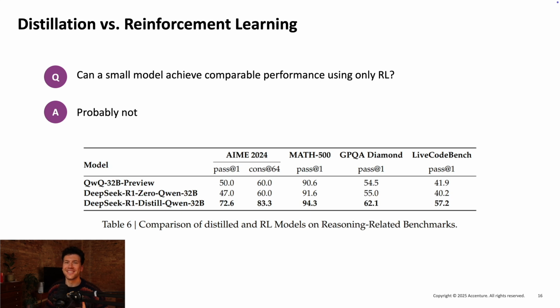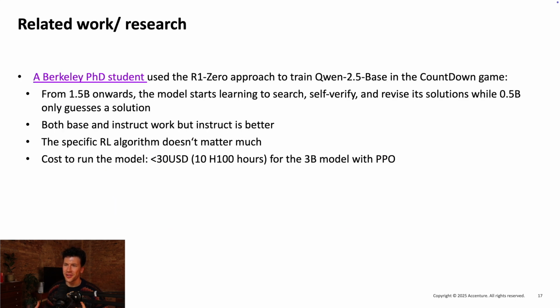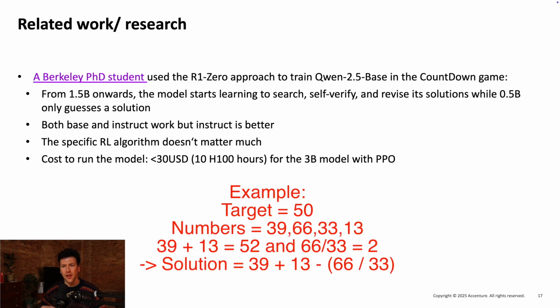However, there's even more recent related work where a Berkeley PhD student used the R10 approach to train multiple Qwen 2.5 models on the countdown game. The countdown game is where you give the LLM a couple of numbers, for example 3, 5, 10, and 27.